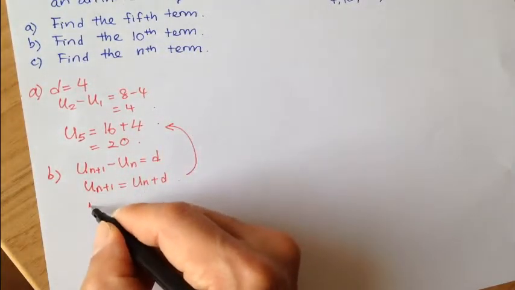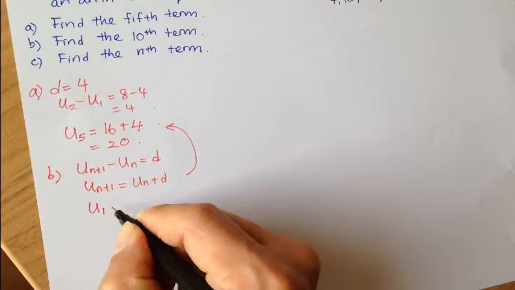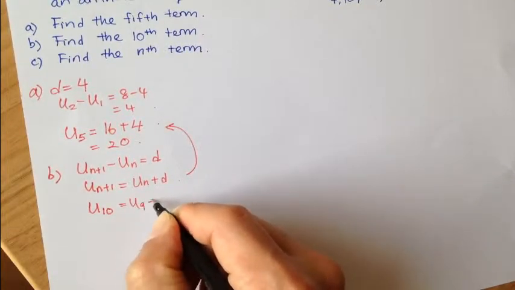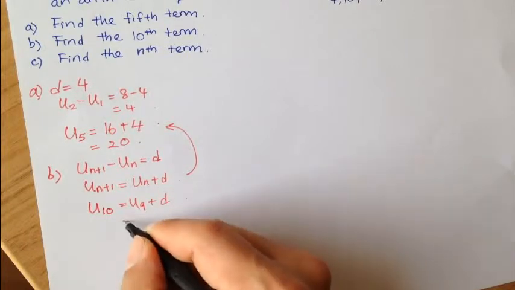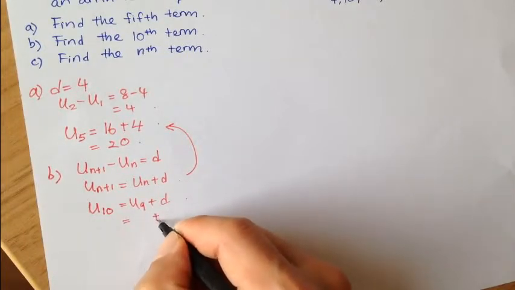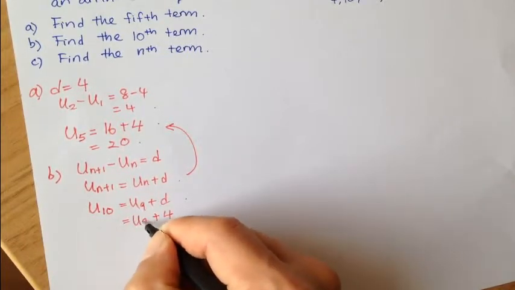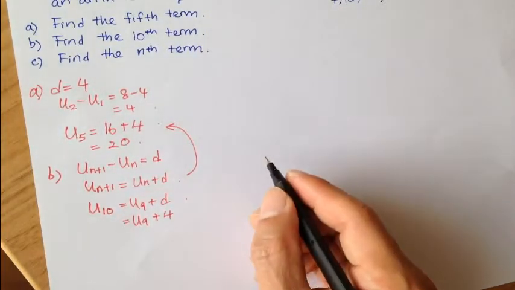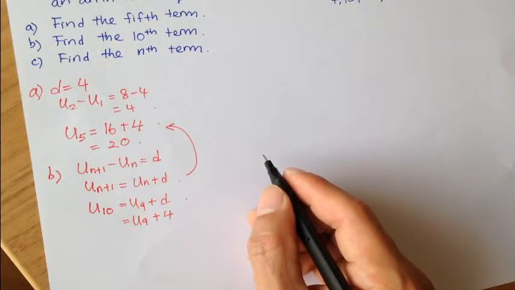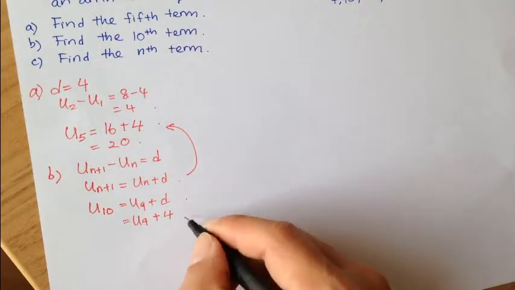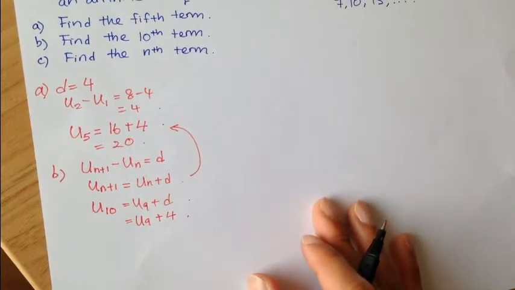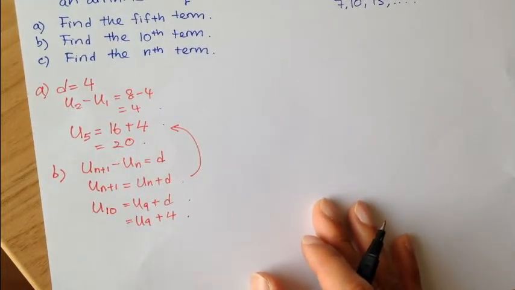So if I want U10, I need to have U9 plus D. Well, I know what D is. D is, in this case, 4, but I do not know what U9 is. So I can keep on using this particular process, but that is going to take me some time. So now, let us think about how to make this a little bit easier.